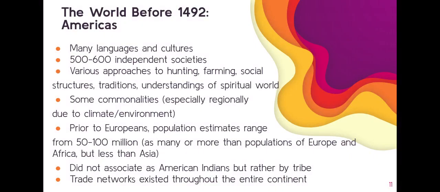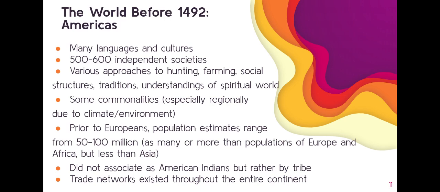In regards to the Americas, we see incredible diversity in languages and cultures, a significant number of independent societies. It's hard to really come up with broad terms to explain their commonalities. But when you look at the climate and environment, you can see that geography impacts the way that groups live.